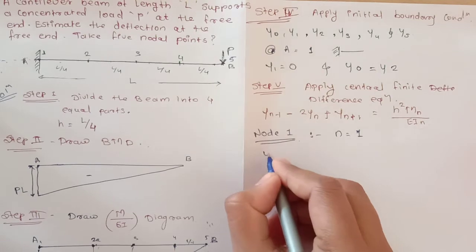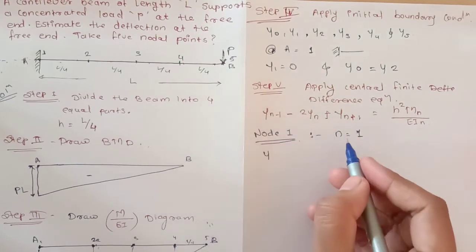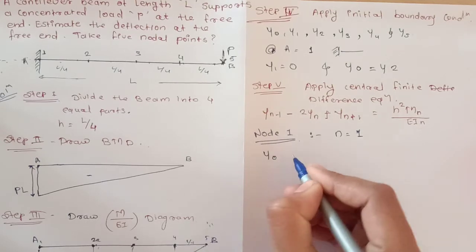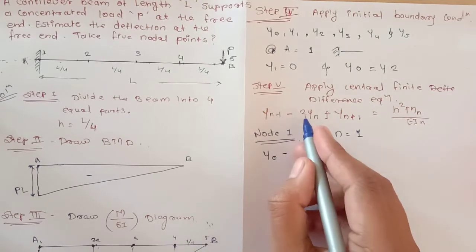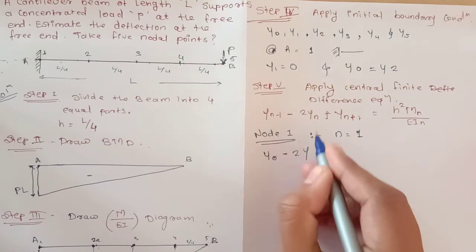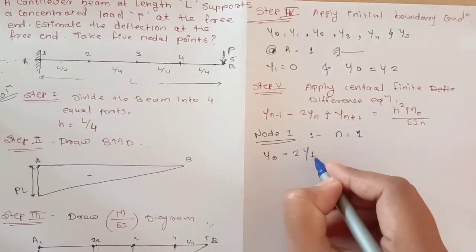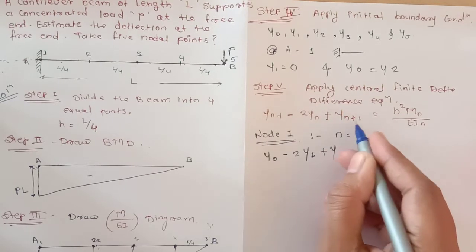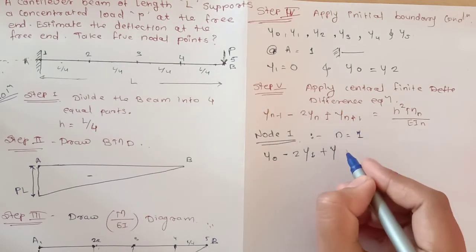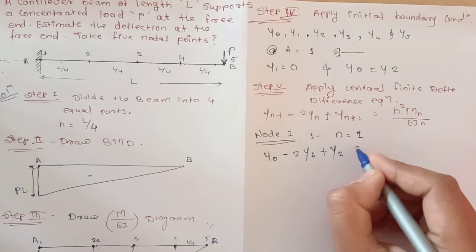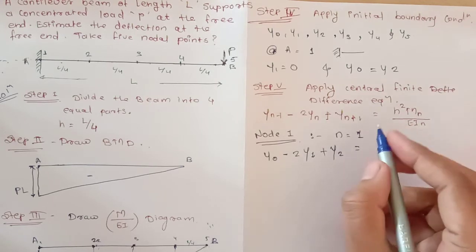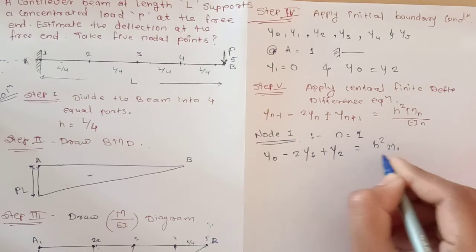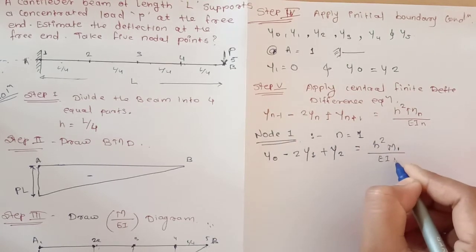First y n minus 1: here n is 1, so 1 minus 1 is 0, minus 2y with n value 1, plus y n plus 1, that is 1 plus 1 equal to 2, is equal to h square into M1 divided by EI1.